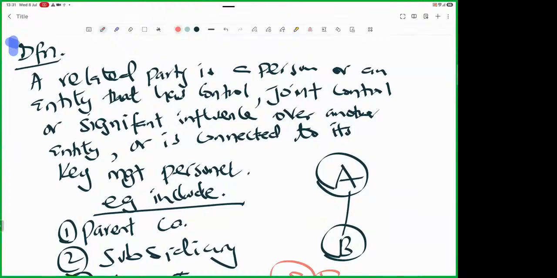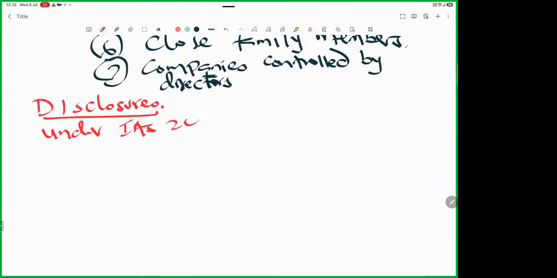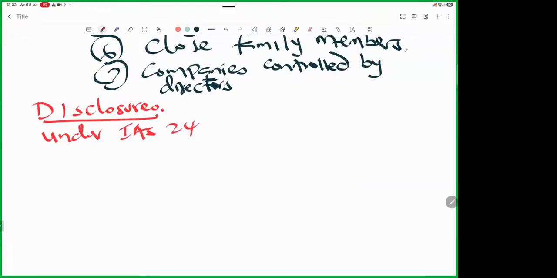So then remember in your exams, it could be in financial reporting, advanced financial reporting, audit and assurance, advanced audit and assurance, your examiner would always ask you about disclosures. When you are doing your financial statements, what are you supposed to disclose? So, ladies and gentlemen, tell us that disclosures under IAS 24, the following should be disclosed.